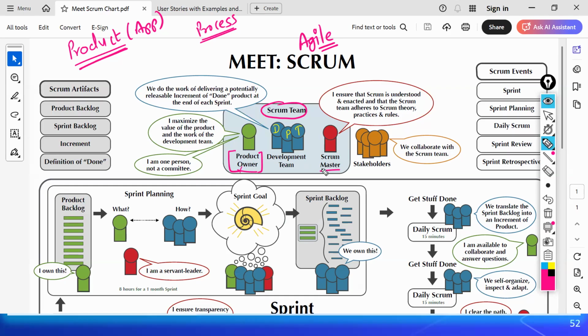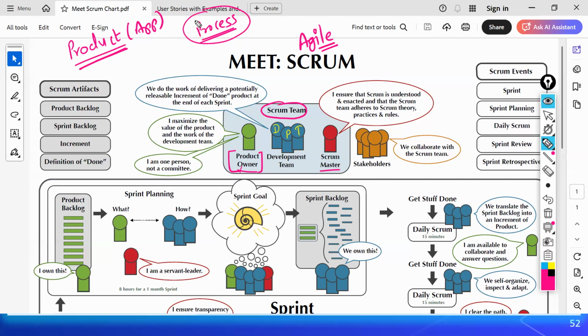The Scrum Master is taking care of your process. Not everyone understands what happens in a Scrum, so the Scrum Master is going to make sure that everyone understands this process. If anyone has any issues with the process, they go to the Scrum Master. If anyone has any questions or doubts related to the application product, they go to the product owner. That's how it is.